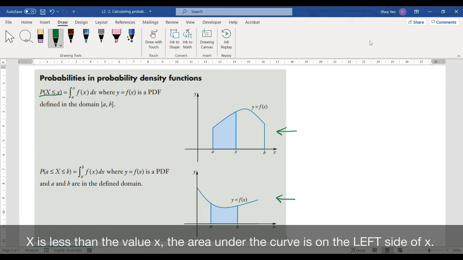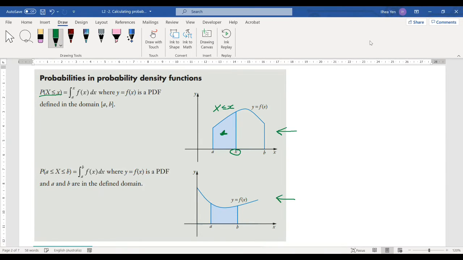The area under the curve is on the left side of that number, the left-hand side of this number x.